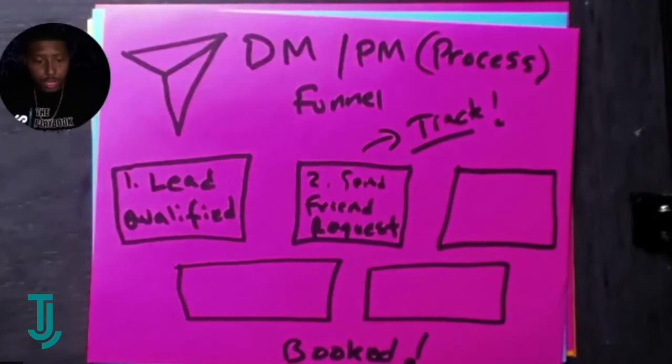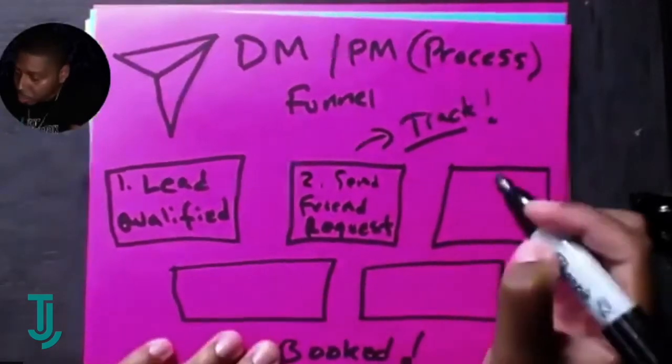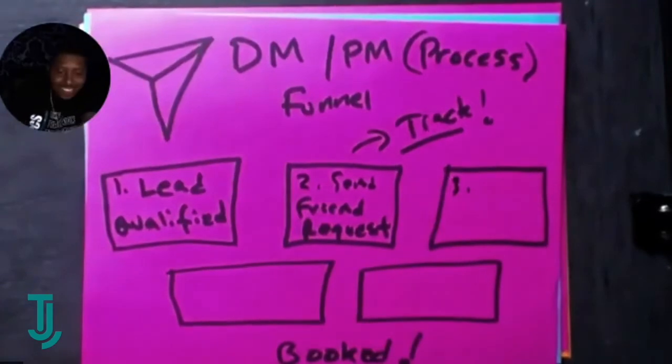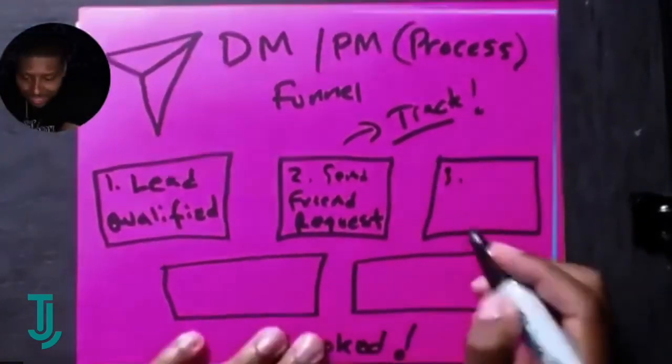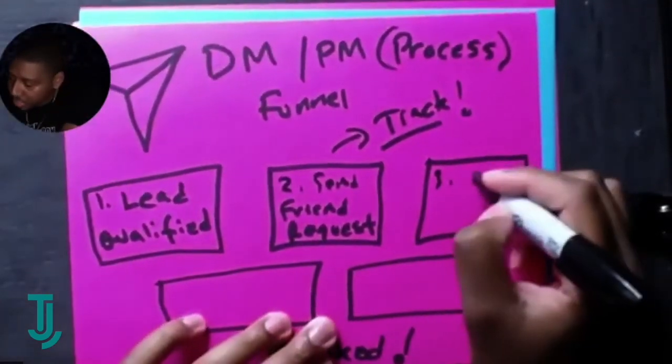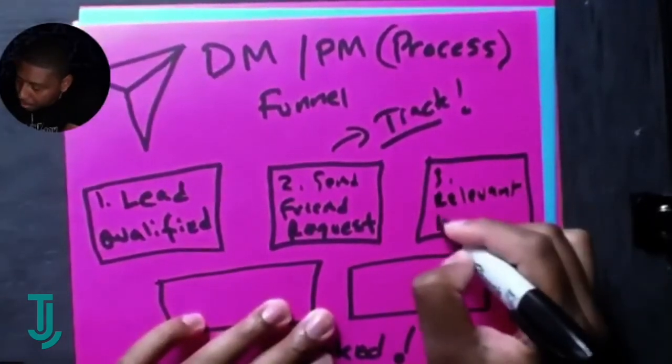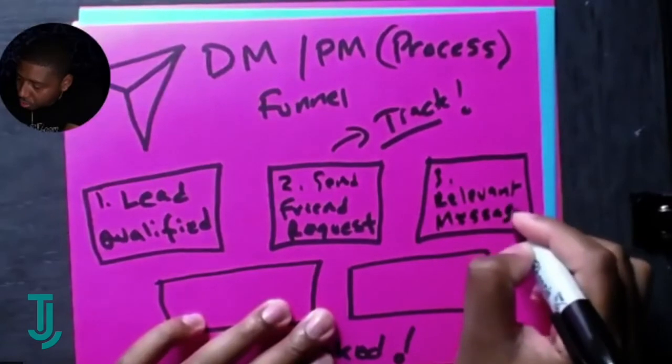So number 3, once you get the friend request popping, this is where we connect with our favorite people in the world, our audience. Let's talk to them. The next thing is, I want you to send a relevant message.